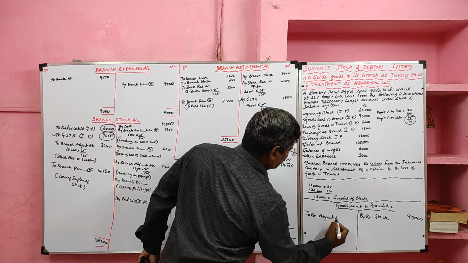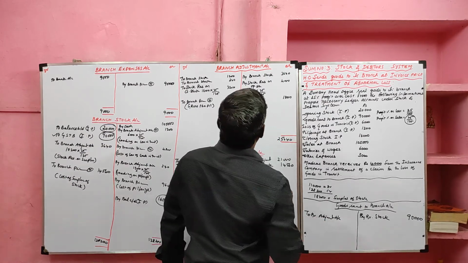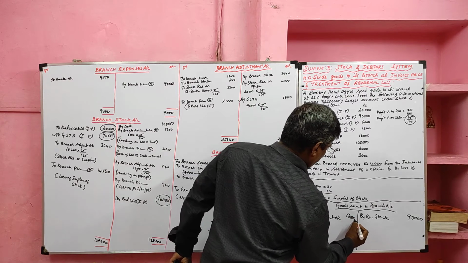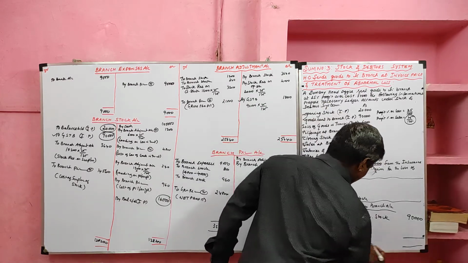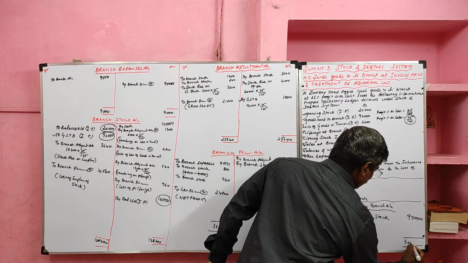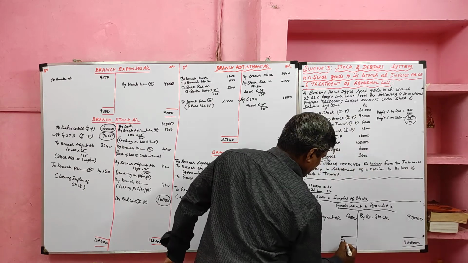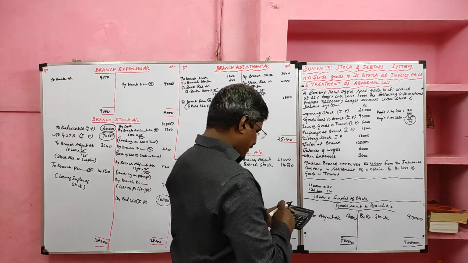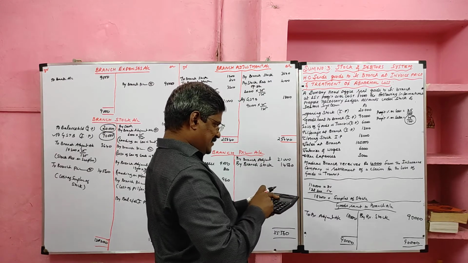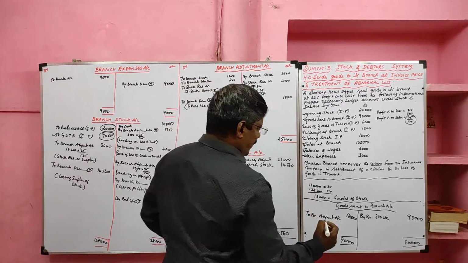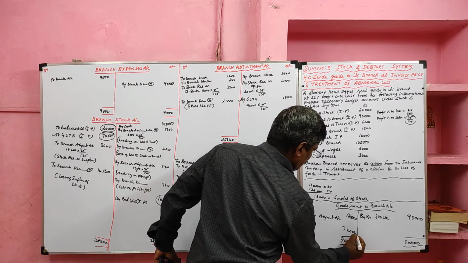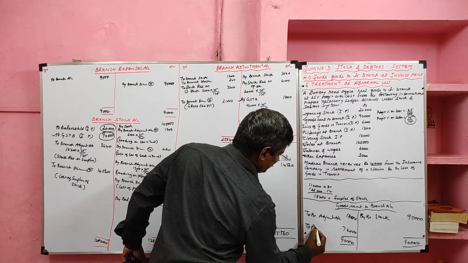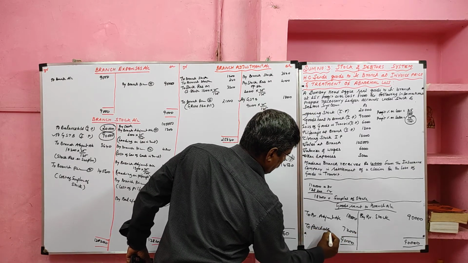Its value 18,000. In this problem, the credit side total is heavier than the debit side total. So 90,000 minus 18,000, the balancing figure 72,000, is considered as purchases of the branch.